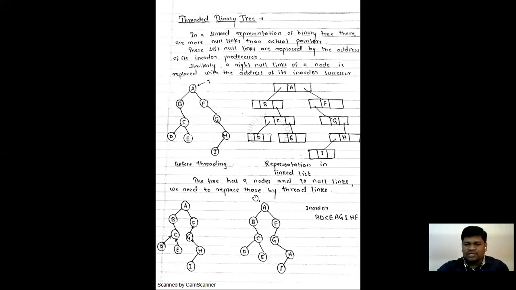Now we need to replace those by using the thread links. How to replace them? For that purpose, first we will calculate the in-order of the given tree. What logic do we use for in-order?